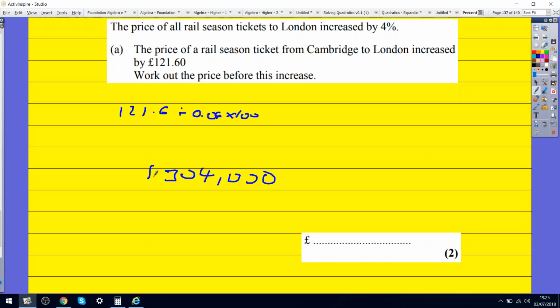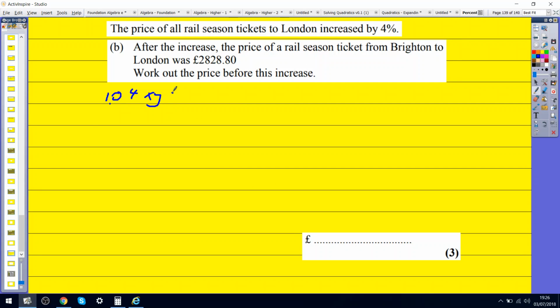So 1.04, which is the increase, times y equals 2828.80. y equals that same number divided by 1.04, which is 2720. 2720 looks right. So that's the main percentages stuff.